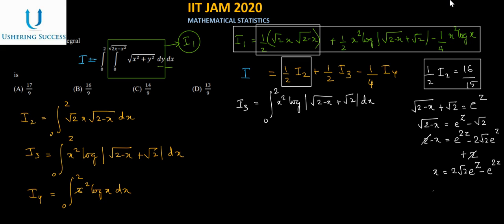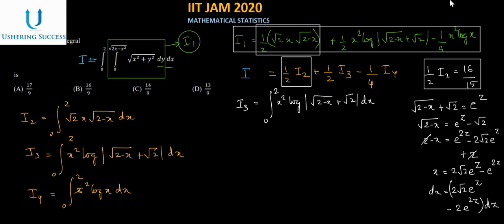So therefore dx will become 2 root 2 e to the power z minus 2 e to the power 2z dz.